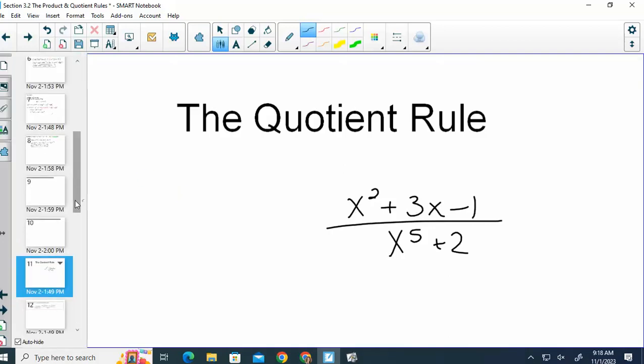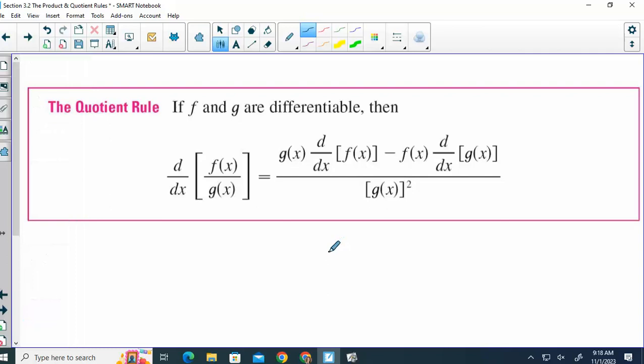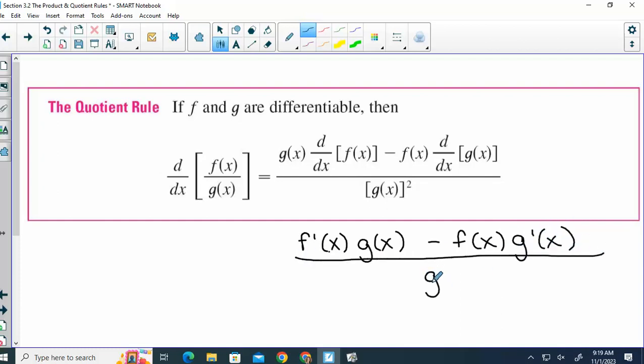it looks a little more confusing than the product rule, but it's actually not too bad. So this is the notation that your book gives. Different ways to think of it. So it's basically the derivative of the top times the bottom minus the top derivative of the bottom over the bottom squared.